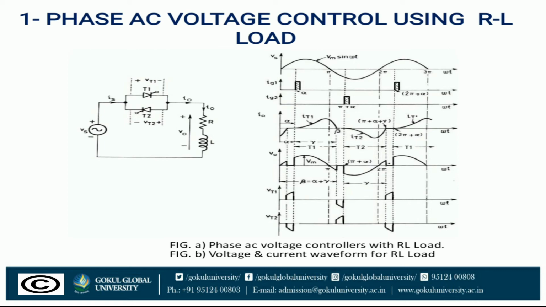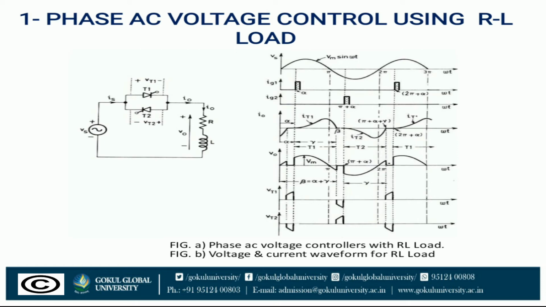Then it will gradually increase up to pi. If there were only a resistive load, it would be 0 at pi, but due to the inductor it will not become 0 at pi. It will start reducing from pi to a certain angle beta, as you can see in the waveform. Then again the reverse cycle will continue.